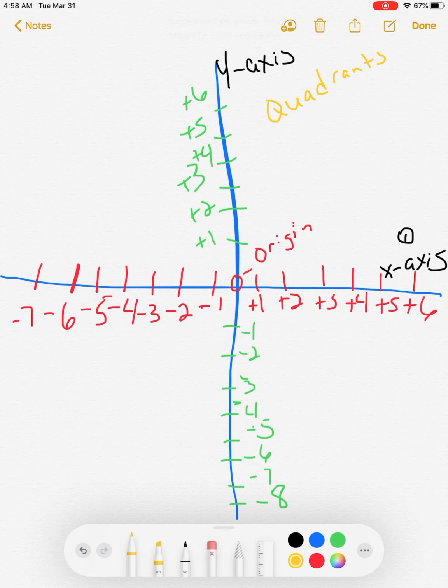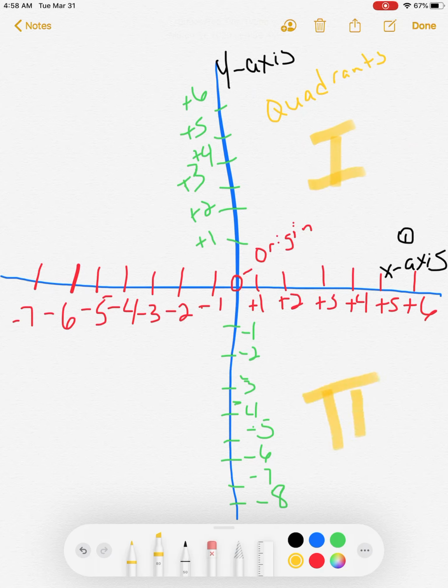Okay? So each quadrant has a number to name it. And the numbers don't start going from left to right. They start from the top on the right and work their way around backwards, almost like you're making a backward circle. So this is quadrant 1.